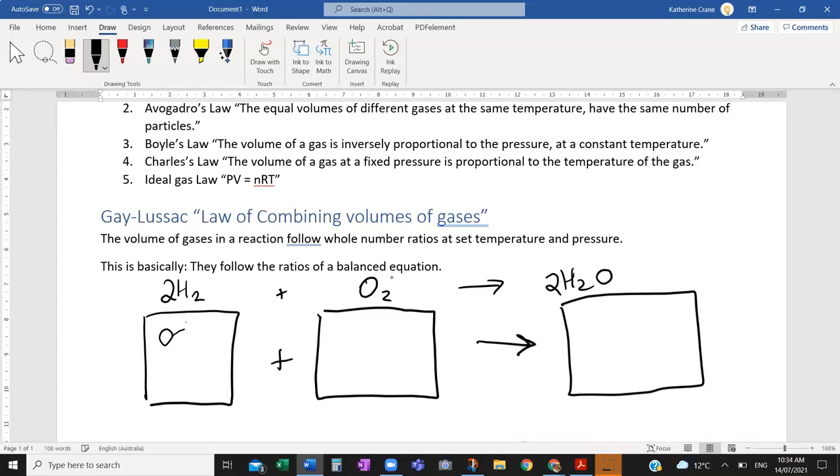We actually often represent it like this. There's my H2, here's my O2. Everyone loves red, they usually color it red. Let's color it red. There's my O2. And then that will make 2 H2Os.